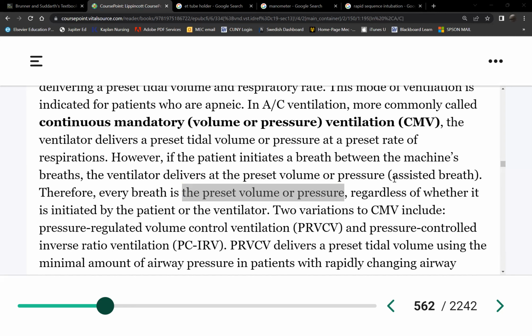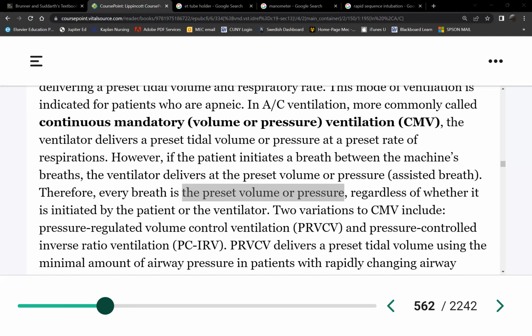Yes, that will be the trigger for the vent. The vent says, I see the pressure went negative, you're trying to get a breath, let me give it to you. The vent will give exactly 350. It won't let you choose anything else. You can initiate it, but it won't let you choose how much.